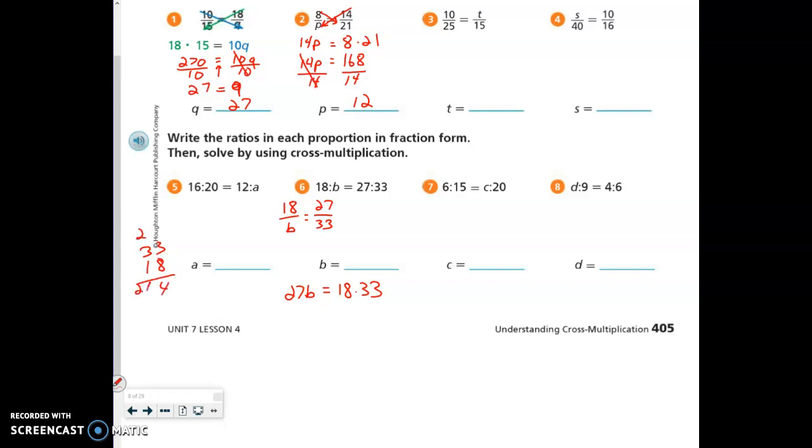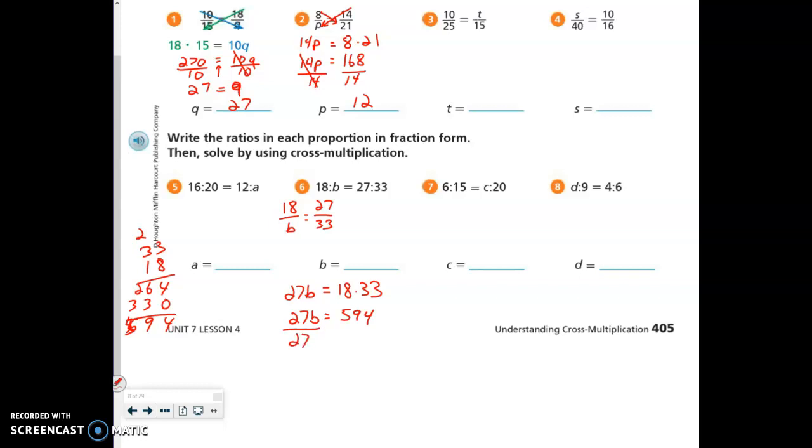Hopefully do it right. Looks like it should be, oh, there you go, Mr. Mace. Catch yourself in a mistake there. Looks like it should be 594. Yes, 594. So now that means 27b equals 594.